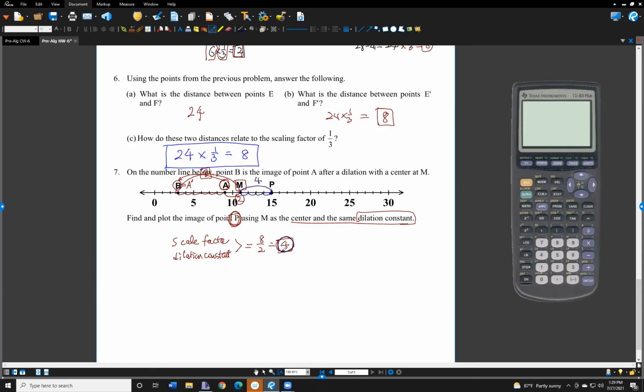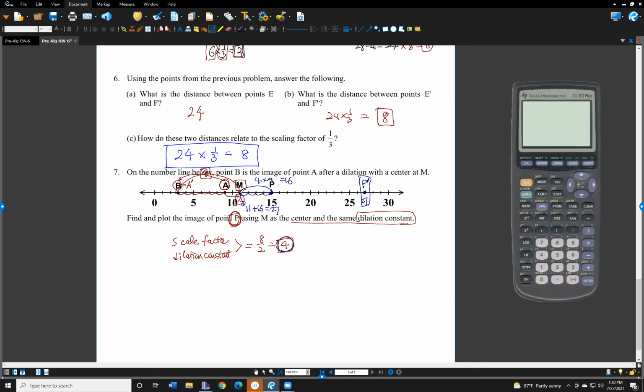Dilated about 4 times, that distance will be 4 times. 4 times 4 is 16, isn't it? The distance will be 16. This is actually coordinate 11, right? 11 plus 16 is what? 27. This is the new point. That is P prime. Okay, that is 27. So you just plot P prime over here.